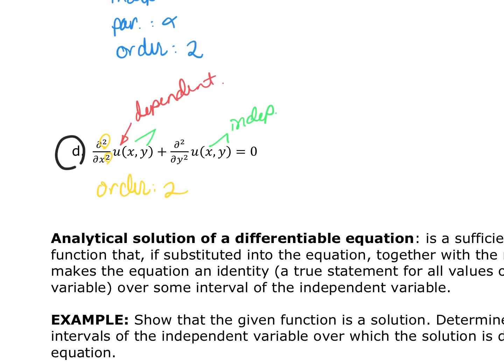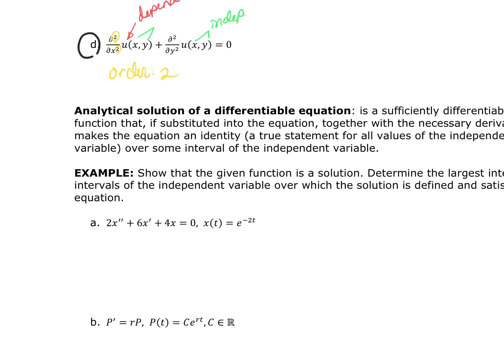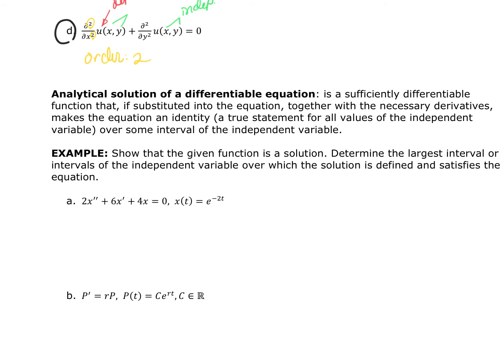All right. So now let's talk about seeing whether or not the given function actually satisfies the differential equation. When we're finding a solution to a differential equation, what we're trying to do is determine whether or not the function satisfies the differential equation.